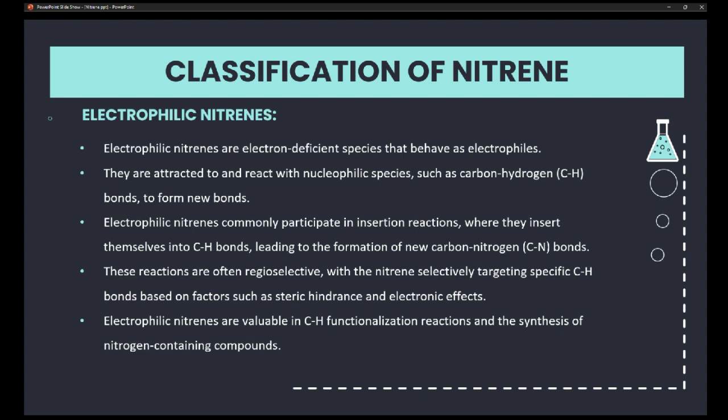These reactions are often regioselective, with the nitrene selectively targeting specific C-H bonds based on factors such as steric hindrance and electronic effects. Electrophilic nitrenes are valuable in C-H functionalization reactions and the synthesis of nitrogen-containing compounds.